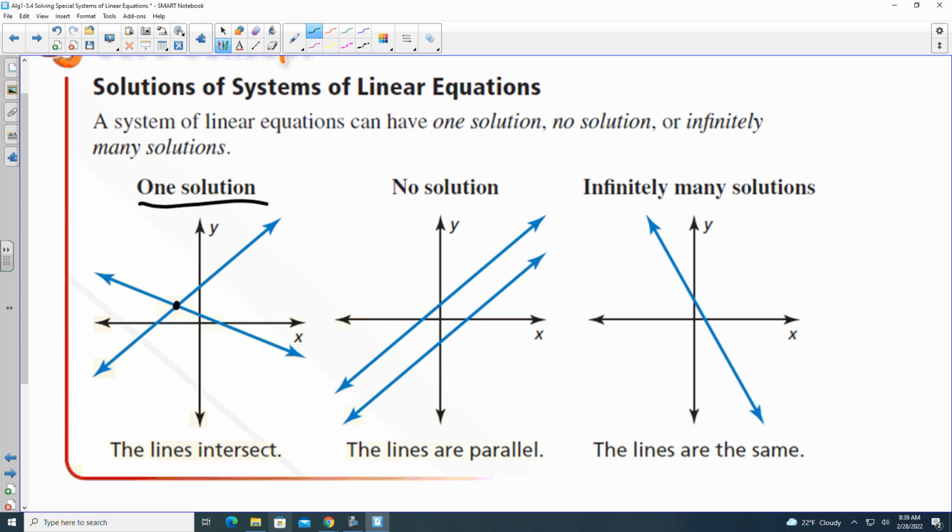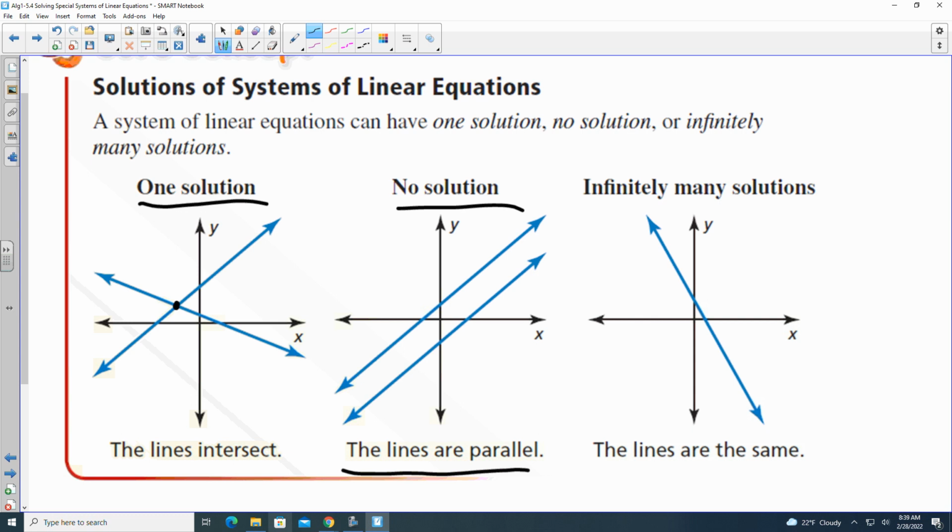and that's the one solution that you're going to get. The second type of system that you could potentially get is one that has no solution, which means that the lines don't intersect. If the lines don't intersect on the coordinate plane, that means that the lines are parallel.